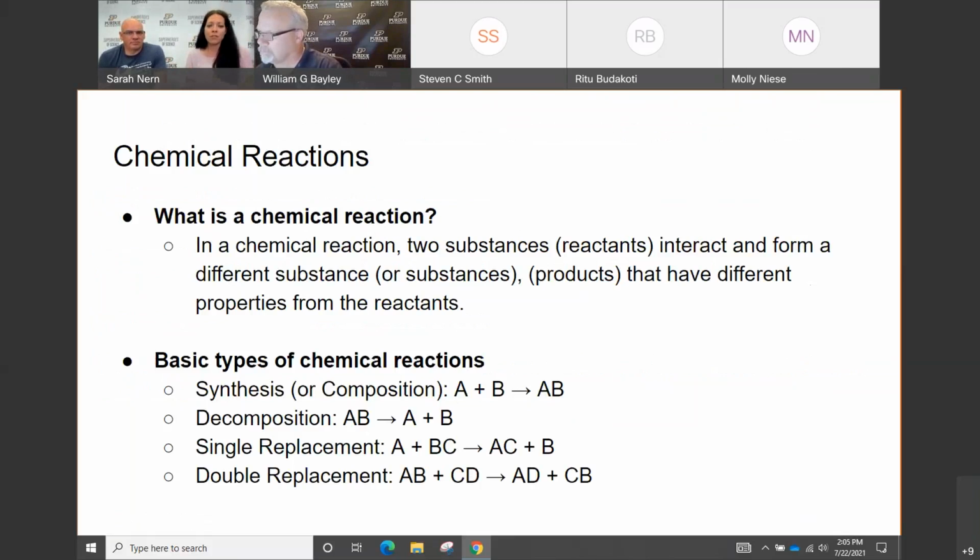We're focusing on the basic types of reactions because they can be patterned fairly easily. This is kind of like learning a new language for students when they're first starting with identifying chemical reactions. There is a lot for them to process in that. So I really like to start with the basics and show them how it's just following basic patterns.